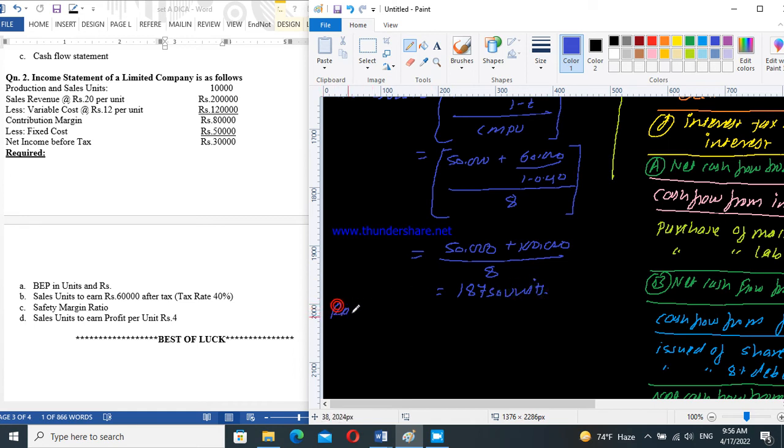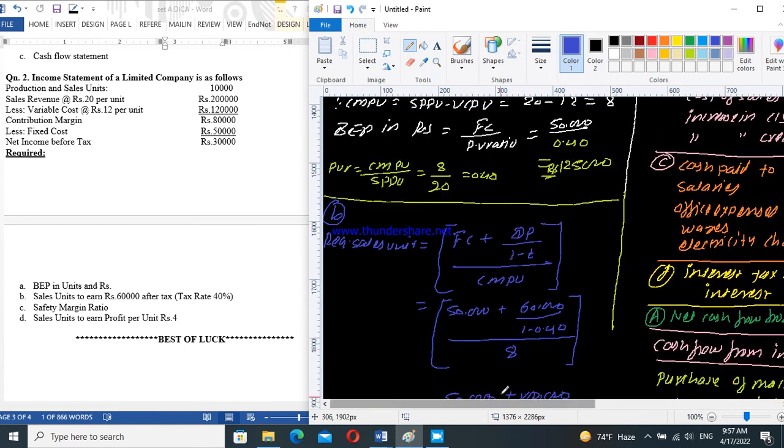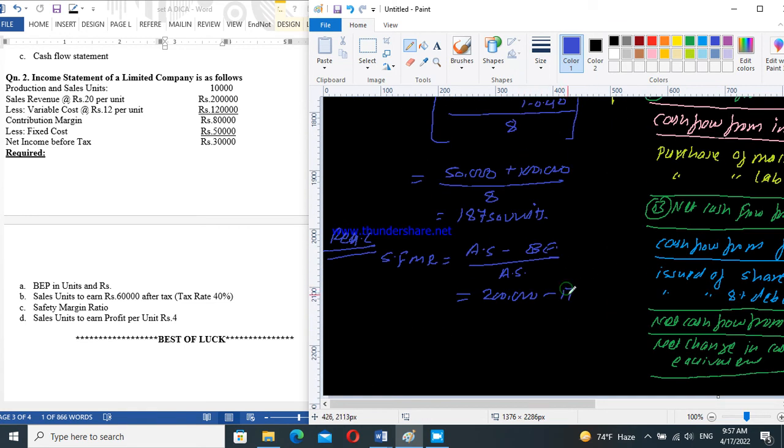Required C. Safety margin ratio. Safety margin ratio, SMR, is equal to actual sales minus BEP sales divided by actual sales. Okay, actual sales over here is how much? 2 lakh minus BEP sales. We have BEP sales in RS over here, 1,25,000. 1,25,000 divided by 2 lakh.